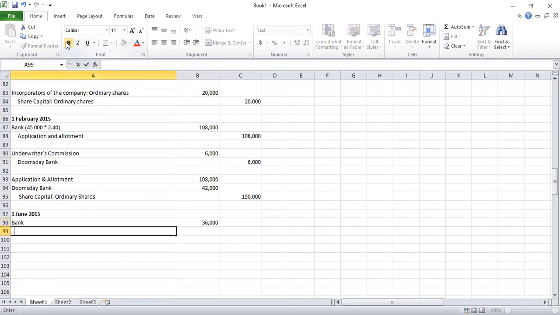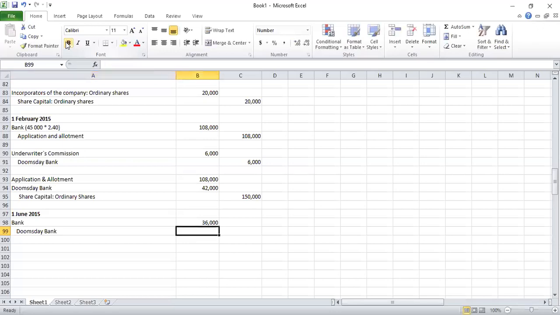Then we credit Doomsday so that they are settling their debt. When a debt is settled, we credit their account. 86,000. Right.